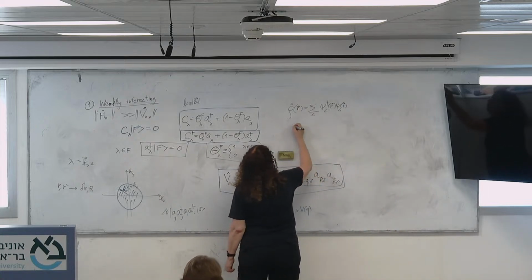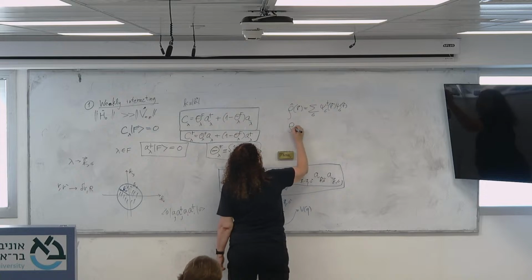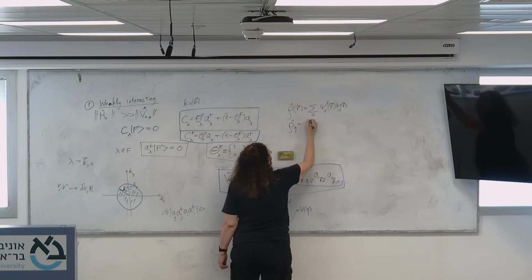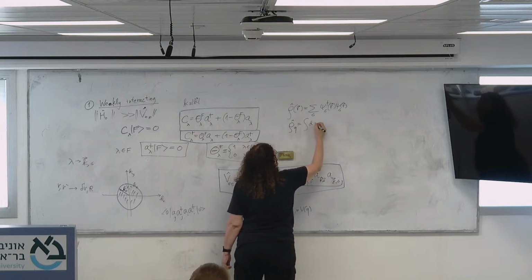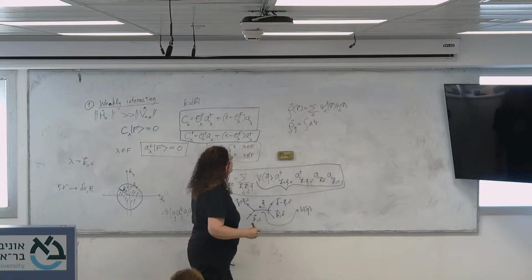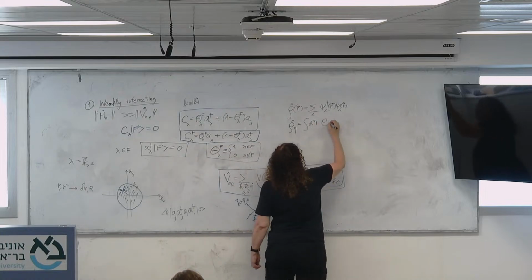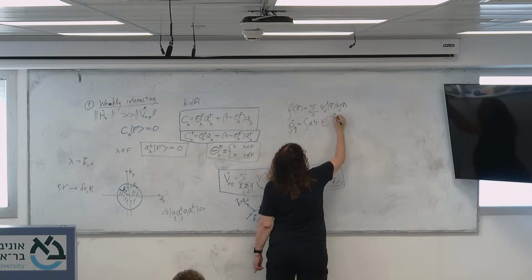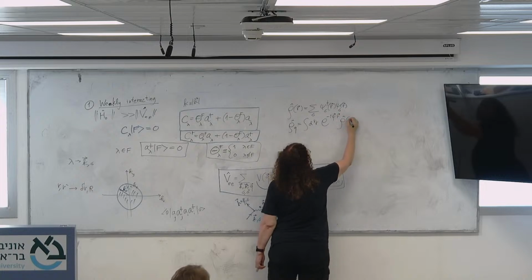What will be the Fourier transform? I call it rho Q. It's an integral over R of e to the minus i Q dot R times rho, right?